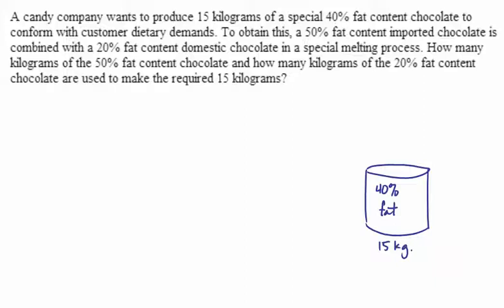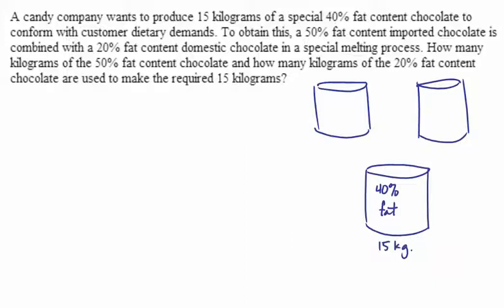To obtain this, a 50% content imported chocolate is combined, let's finish the sentence, with a 20% fat content domestic chocolate in a special melting process. So with this type of problem, I usually make 3 vats. Now, I know that one of them is 20%.